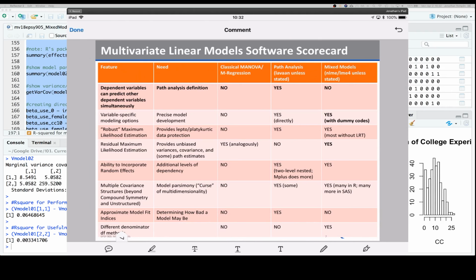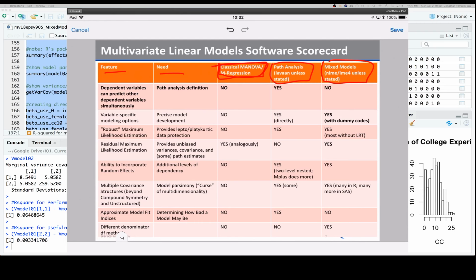So I developed what I call a scorecard for the different types of analysis and models that are out there. This shows the features available in each piece of software, and whether they can be accomplished by the old-fashioned approach, the kind you'd find in your typical multivariate class, multivariate ANOVA or multivariate regression, versus path analysis, in this case Lavaan, and mixed models, which in this case are NLME or LME4.